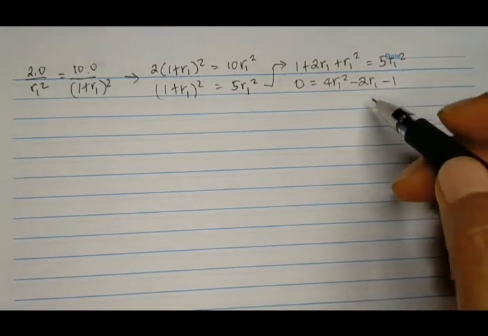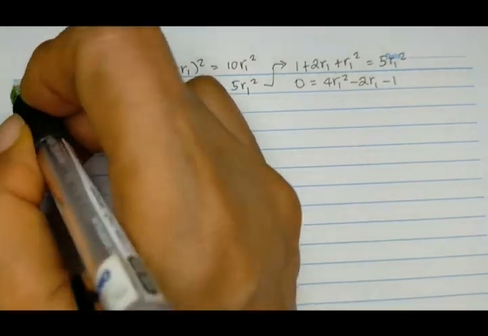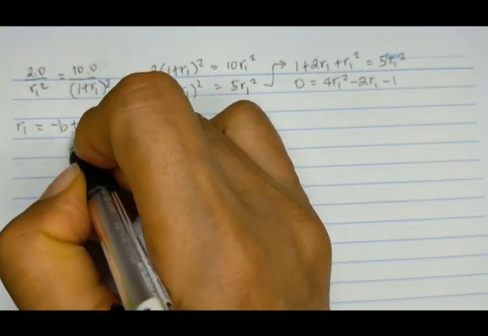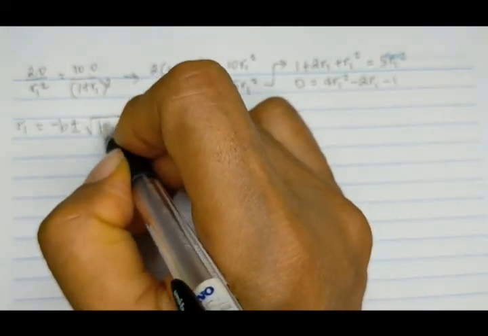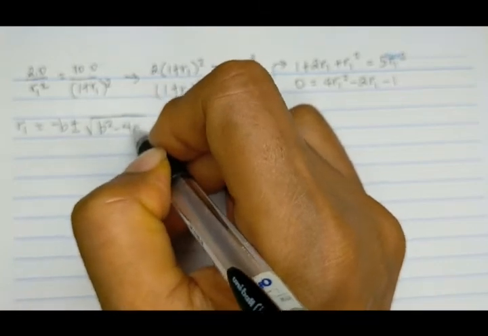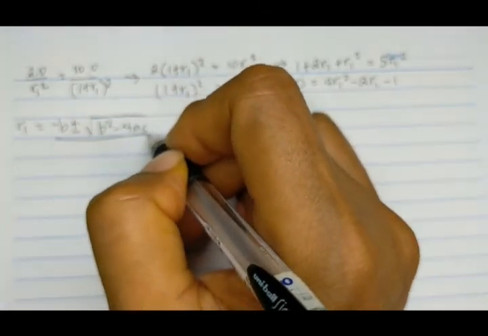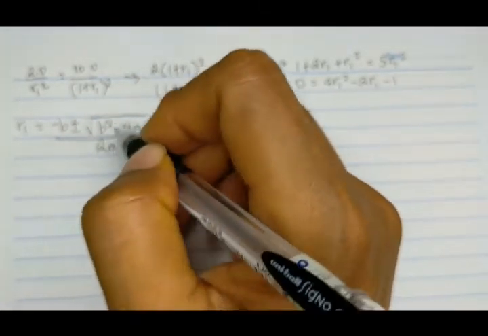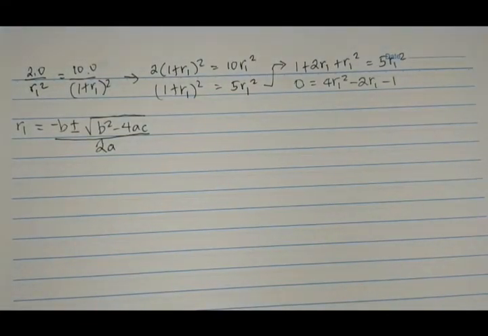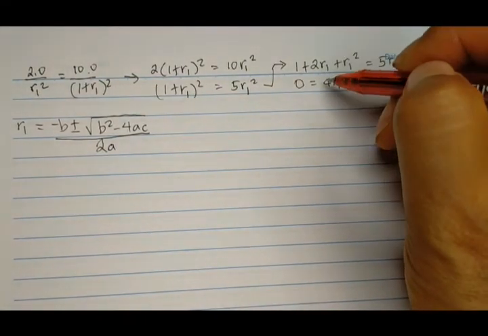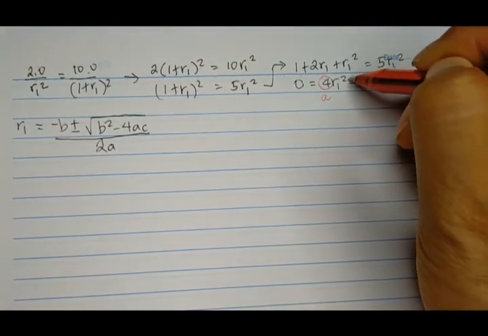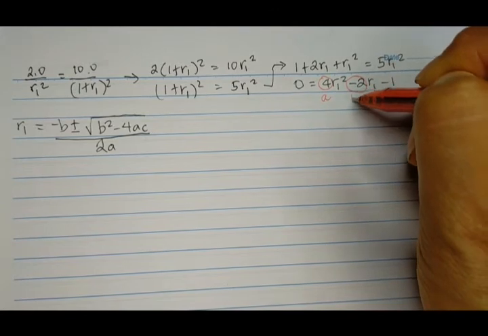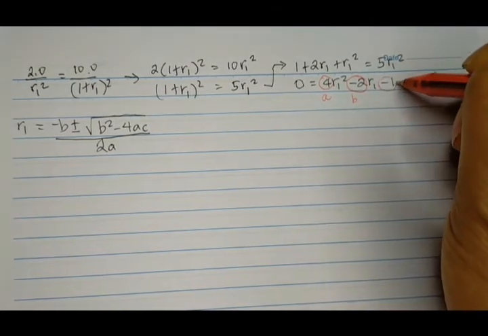Our quadratic equation can be written as R1 equals negative B plus or minus square root of B squared minus 4AC all over 2A. So notice that we have now this 4, that's our A, this negative 2, that's our B, and this negative 1, that's our C.